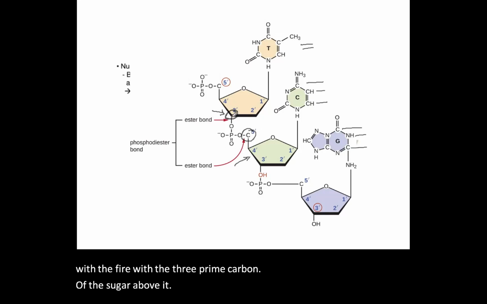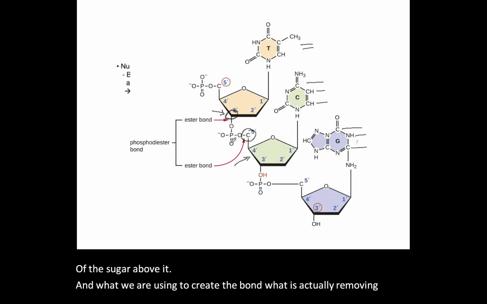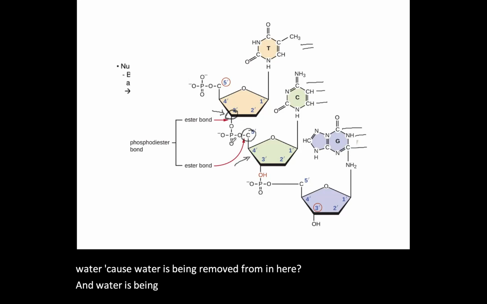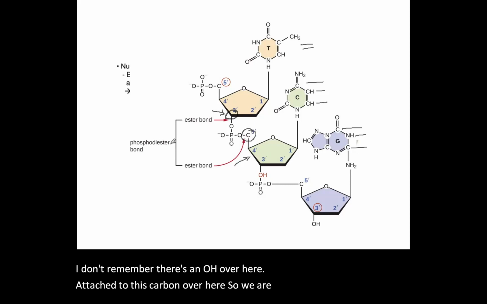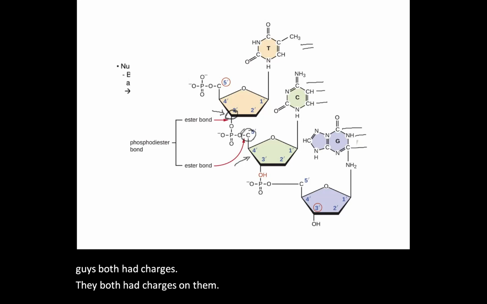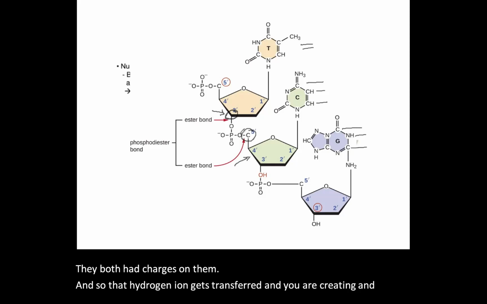And what is actually removing the water, because water is being removed from in here, remember, there's an OH over here, attached to this carbon. And remember that these guys both had charges, so that hydrogen ion gets transferred, and you are creating and releasing that water still.